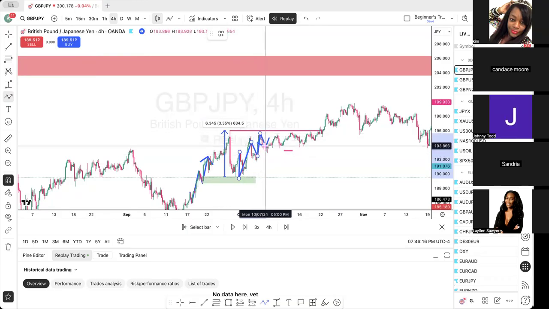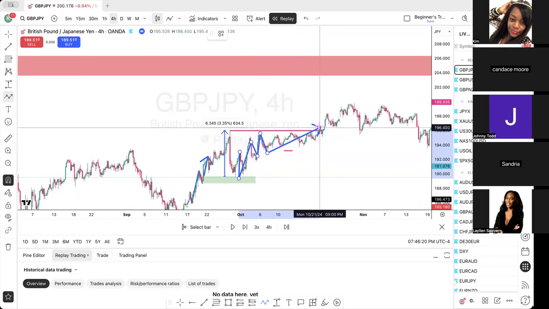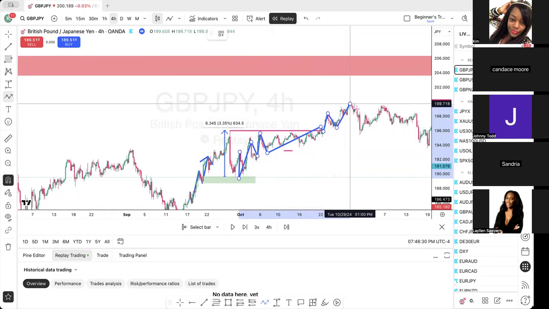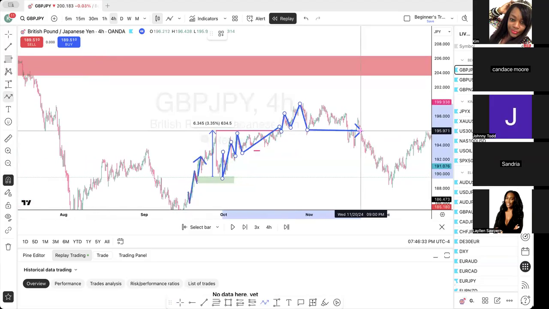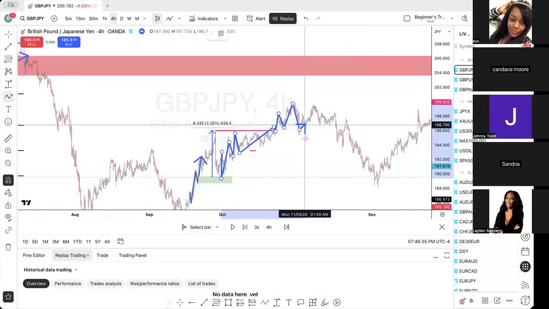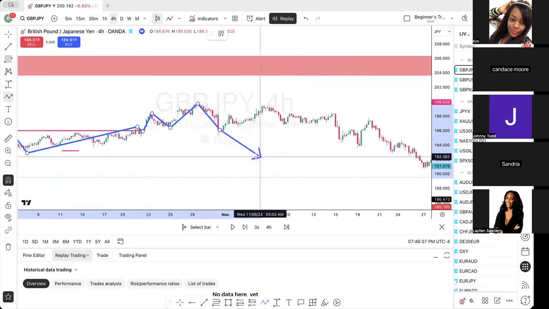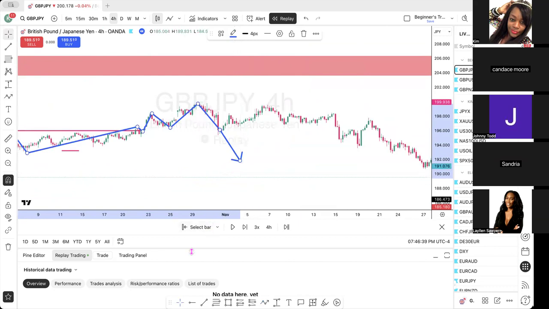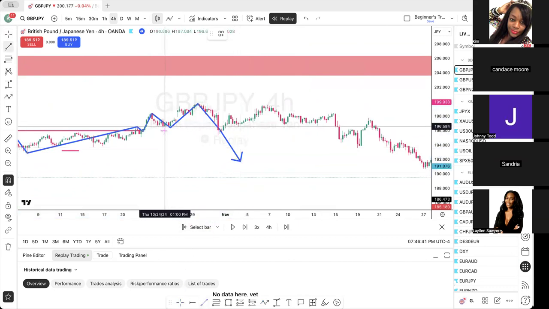And this doesn't break, so this pulled back. This did not break until up here. So all of this is part of the leg until you get a break of structure. Then you got a pullback here, a pullback here, then this pullback. And this would be considered the shift in structure.